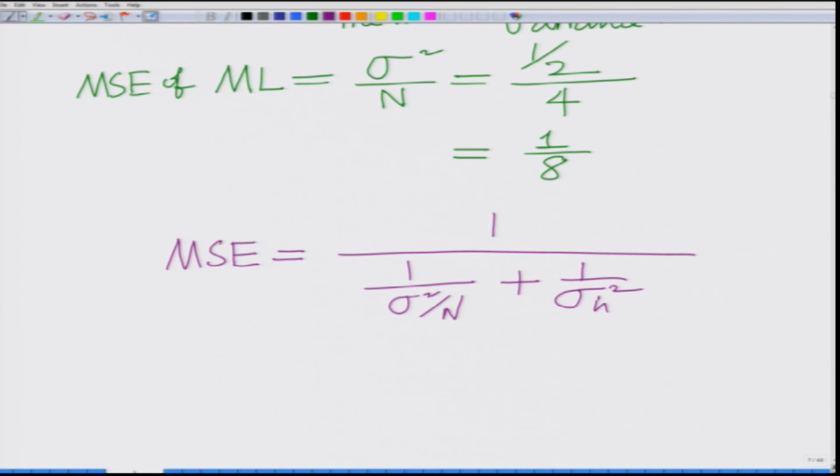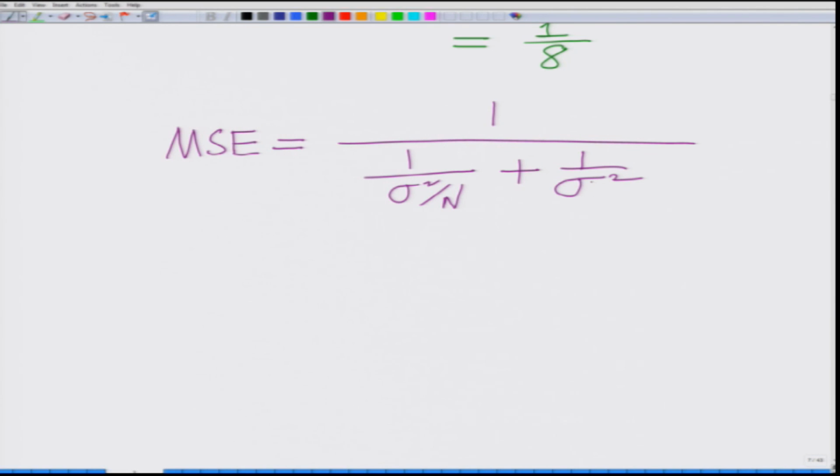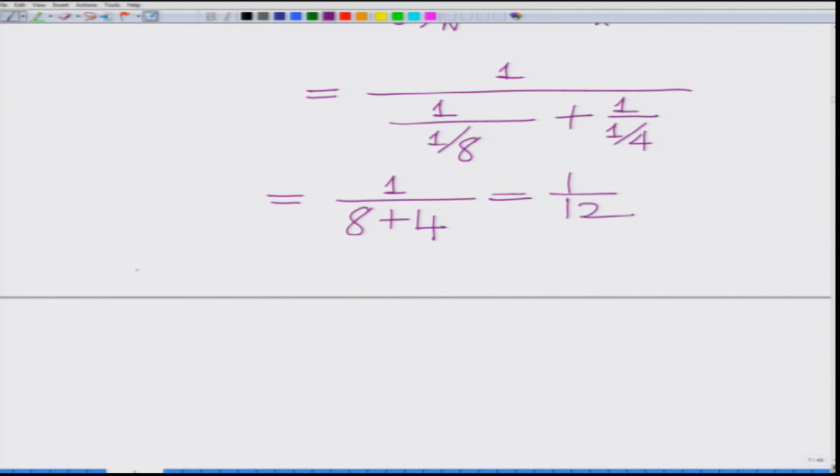All we have to do is substitute the various quantities. So, this will become 1 over 1 over 8 plus 1 over 1 over 4, and this will be 1 over 8 plus 4 equals 1 over 12, and therefore the net MSE equals 1 over 12. Okay.